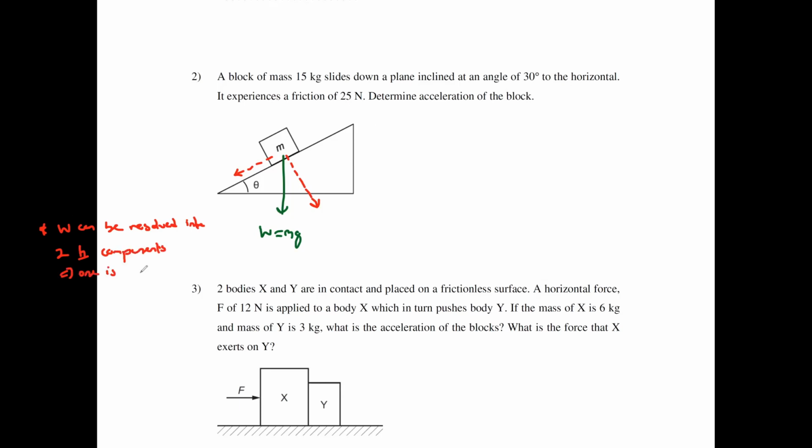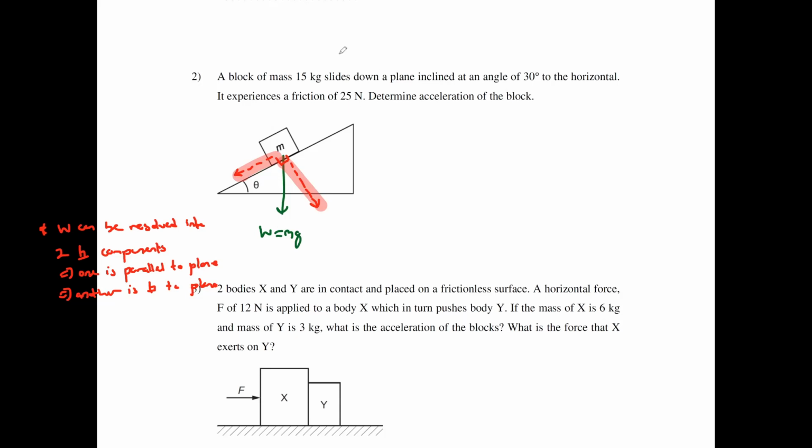Okay, it can be resolved into two perpendicular components. One is parallel to the plane, and then another is perpendicular to the plane. Okay, this weight W can be resolved into two perpendicular components, which is this one and this one. They're both perpendicular to each other.